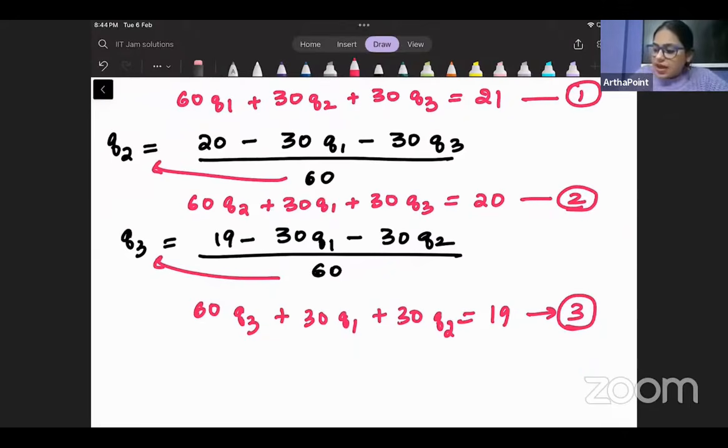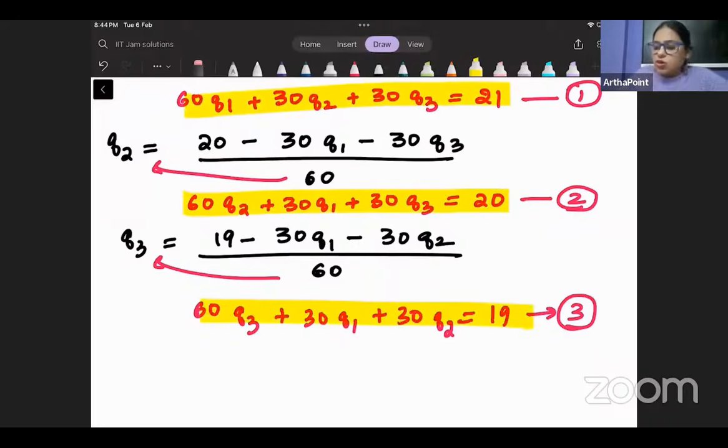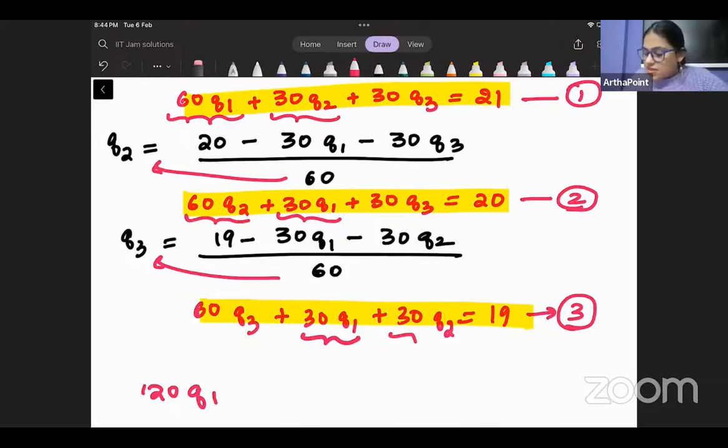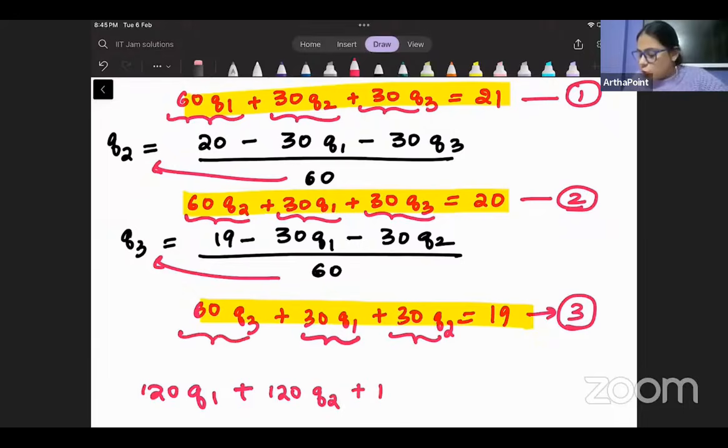Clear? Beta, add equation 1, 2 and 3 together. तीनों को add कर लेते हैं. तो 60 Q1 plus 30 Q1 plus 30 Q1. तो कितना हो गया? 120 Q1. बेटा 30 Q2 plus 60 Q2 plus 30 Q2 कितना हो गया? 120 Q2. बेटा 30 Q3 plus 30 Q3 plus 60 Q3, how much will you get? 120 Q3.